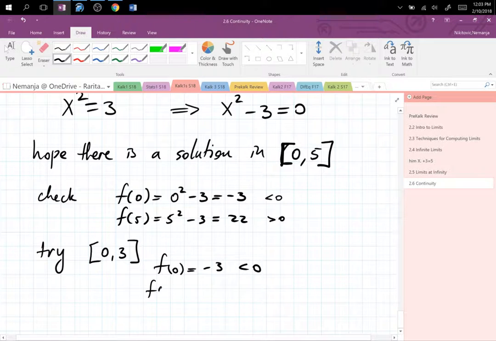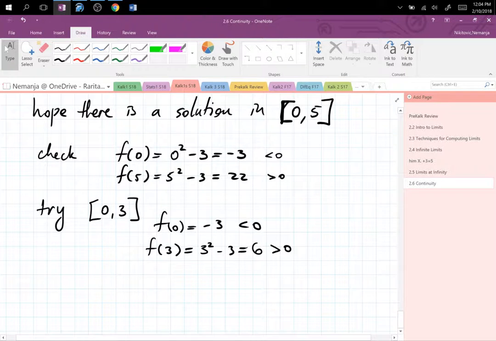You have to compute f of 3. f of 3 is 3 squared minus 3, which is 9 minus 3 is 6, larger than 0. Yes! You see that the interval is smaller. You are closer to your answer. You still know that you're on a good track because one endpoint gives you above and one gives you below the x-axis.